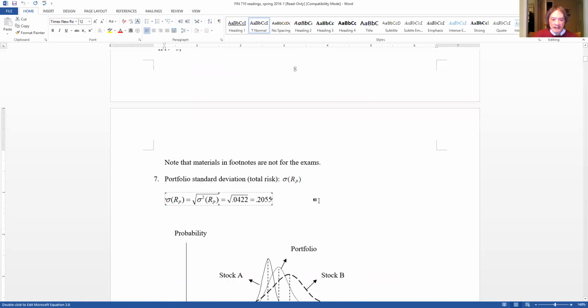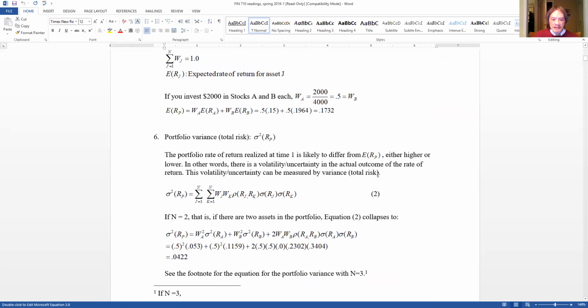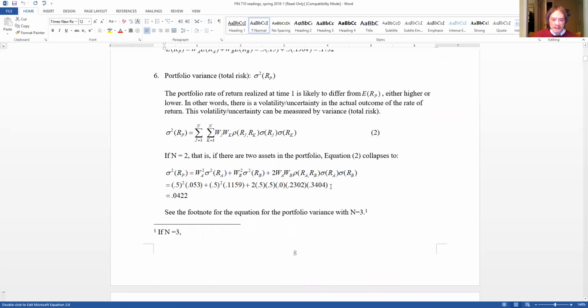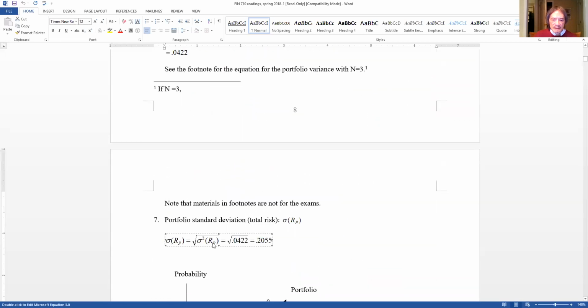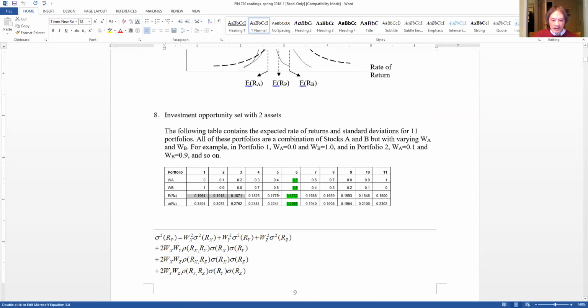We can calculate both numbers by this equation here and this equation here and here. And we obtain all these numbers. So under each set of weights, we calculate expected return for the portfolio, standard deviation of the portfolio.